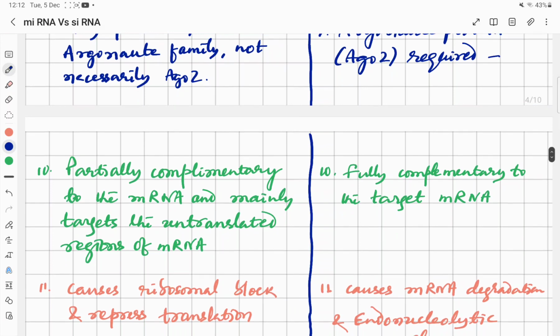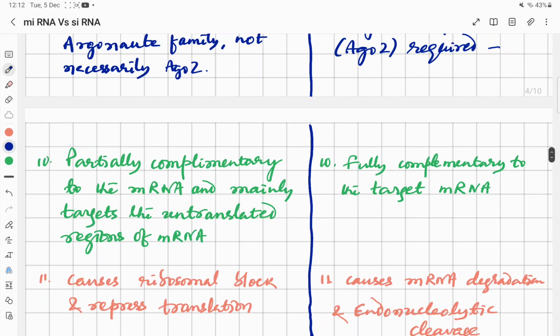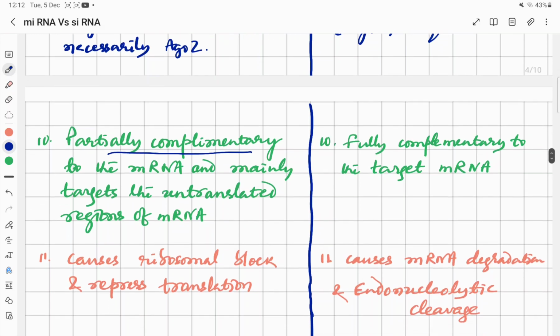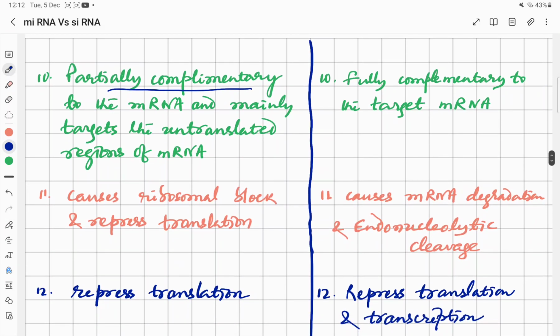Then in case of microRNA, there is partially complementary base pairing. That's why there is basically ribosomal block and repression of translation. Whereas in case of siRNA, there is fully complementary base pairing to the target messenger RNA.